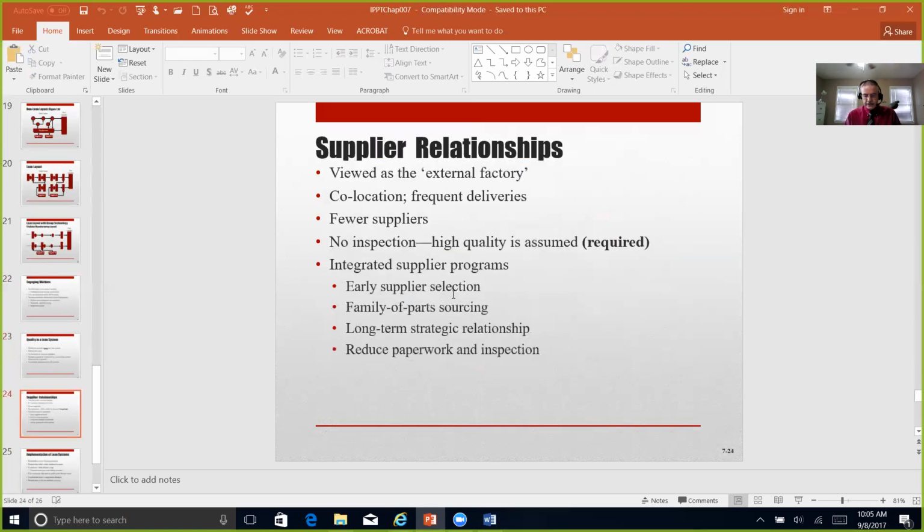Now, as we move more towards lean manufacturing, lean production systems, or a lean service-type process, developing great relationships with our suppliers is also going to be needed as we move forward with lean concepts. If you look over on pages 151 and 152, you see some of the features of a program that integrates lean production with good supplier relationships: early supplier selection, family of parts sourcing, long-term strategic relationships, and paperwork reduction.